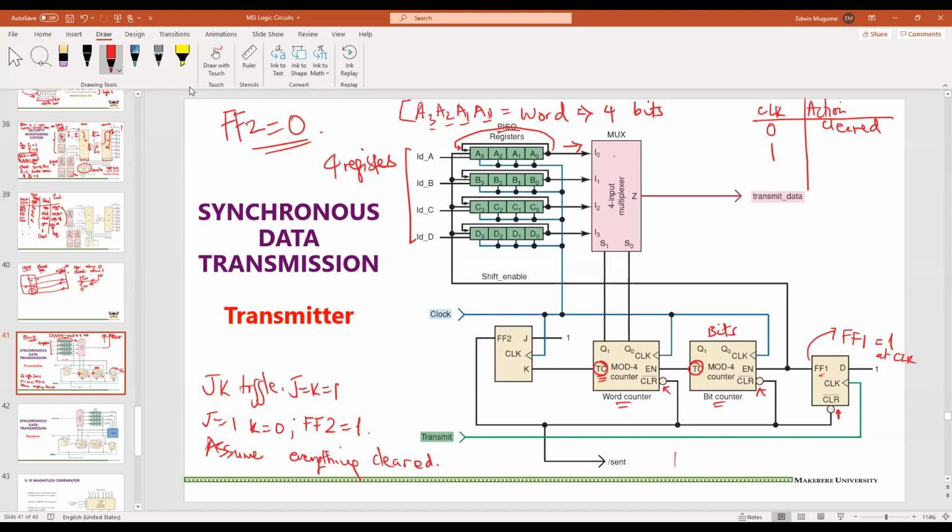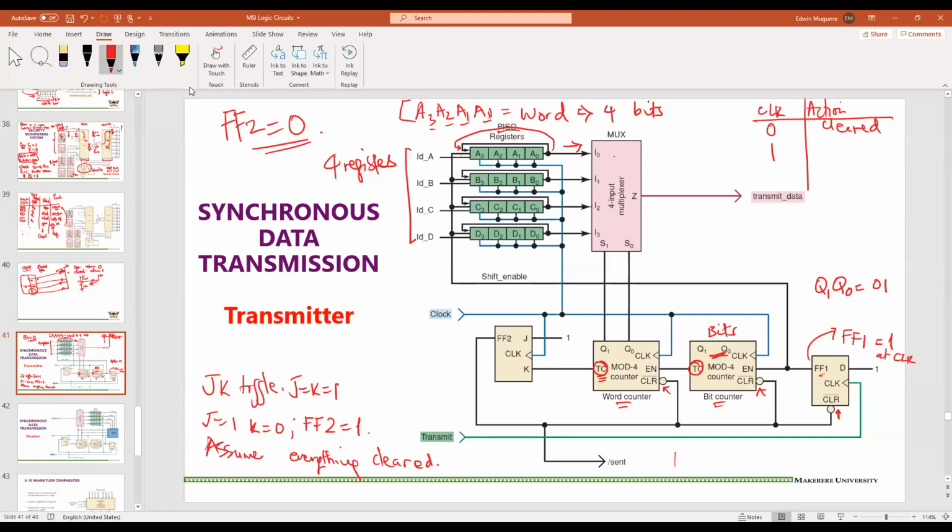Anyway, now when we have our first clock signal, this one will count. You can see that this one comes in, and if it is active high, so it's a positive-going transition, that means that this Q1, Q0 will count to 0, 1.